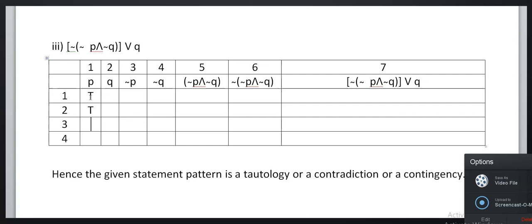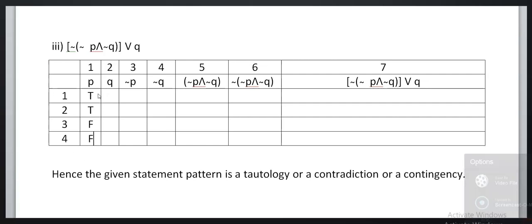I will write first P, double T double F, Q is TF TF, negation F T, negation F T.